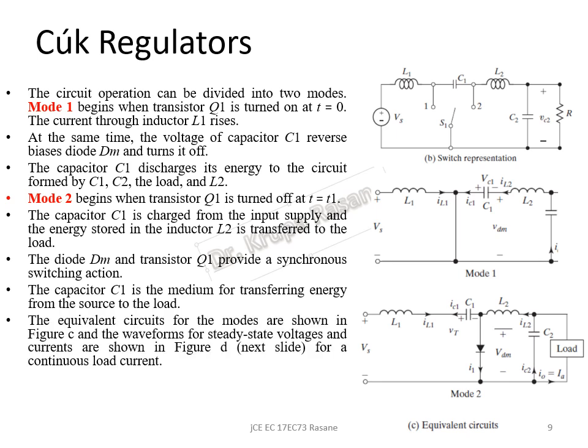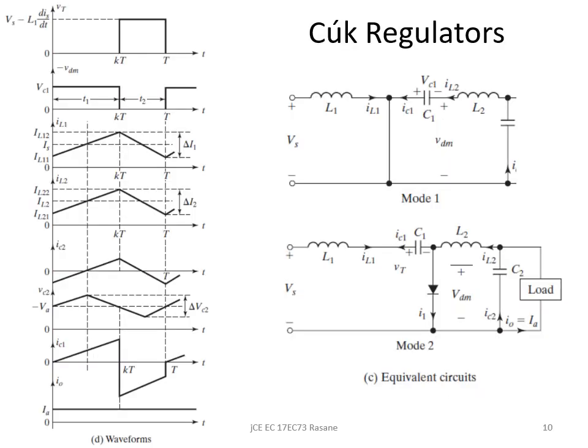The equivalent circuit for the modes is shown above, and the waveforms I'll be showing in the next slide for a continuous load current. So this is the waveform for a continuous load current. This is the voltage across the transistor. VT means the main switch that is connected here. During 0 to T on, when the transistor is on, the voltage across the transistor, VT, is going to be 0 because it is acting like a closed switch.